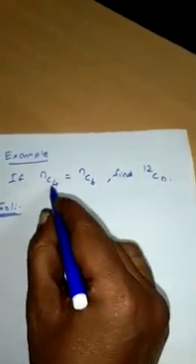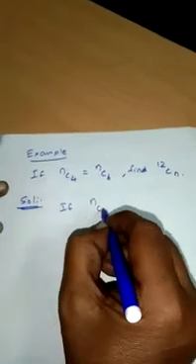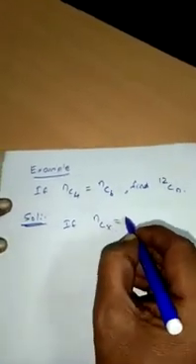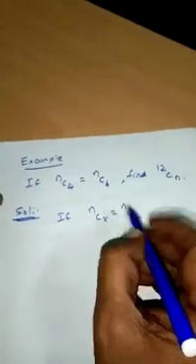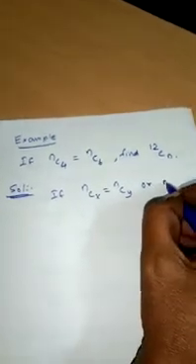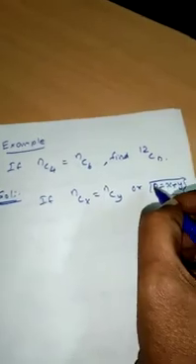Given nC4 is equal to nC6, by the property nCx is equal to nCy, x and y are not equal here. Then x plus y is equal to n. n is equal to x plus y. That property we are going to use.